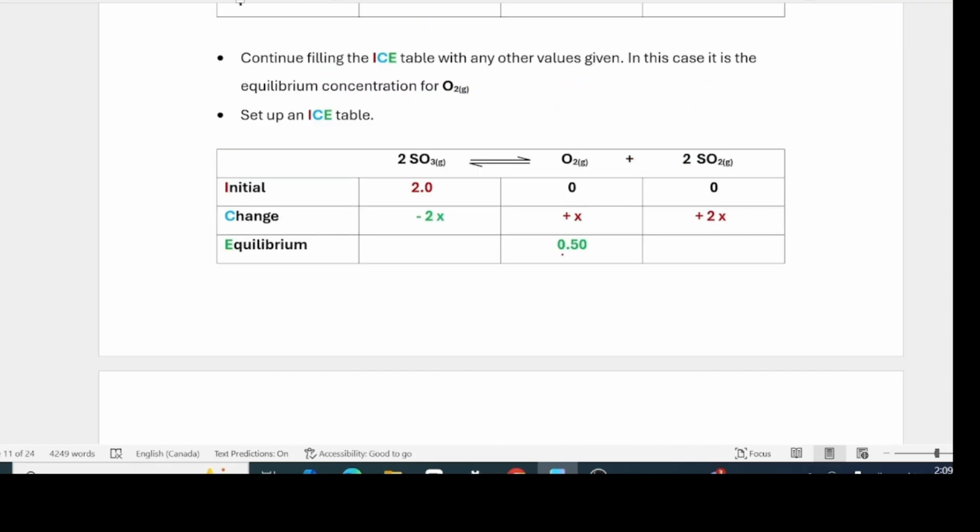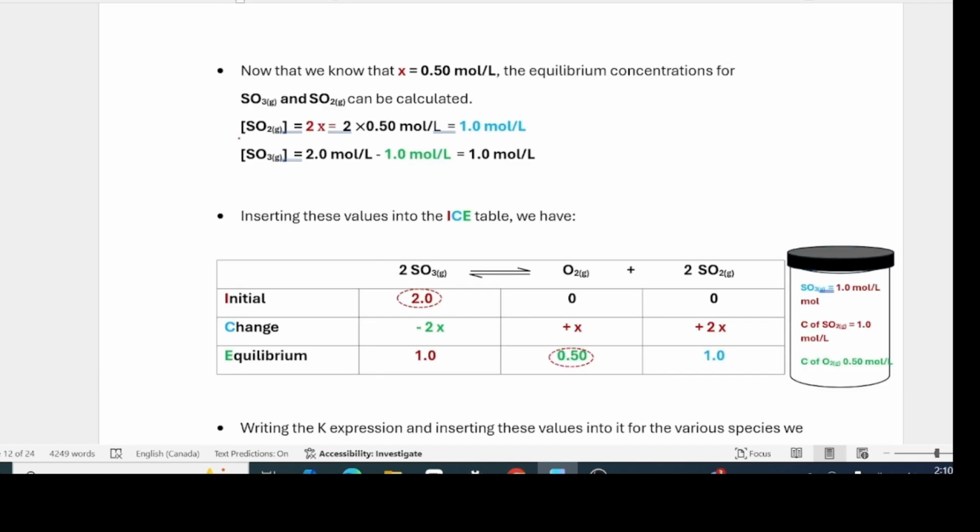We are given that the equilibrium concentration of oxygen is equal to 0.5 mole per liter. As such, we can know what that is, and we can know what this is, since we know what x is. Since x is equal to 0.5 mole per liter, this will be 1 mole per liter, and we're removing 1 mole per liter from that. So sulfur dioxide will be equal to twice what oxygen is, and it ends up to be that.